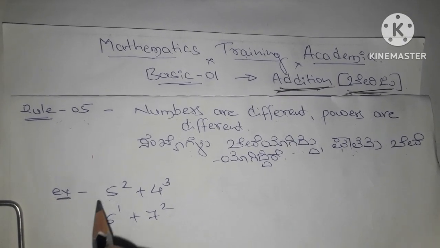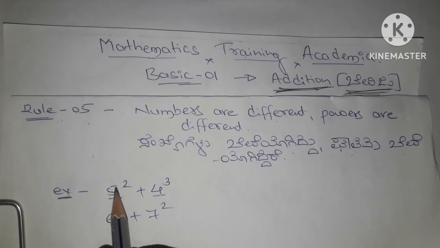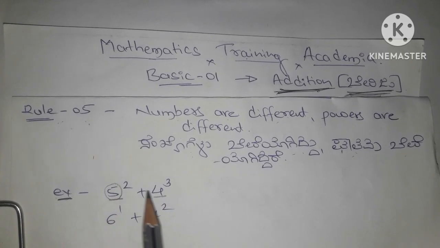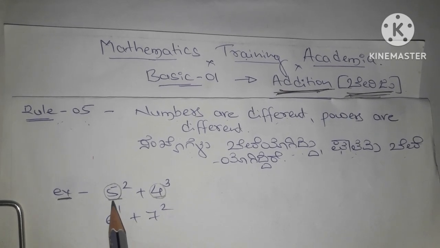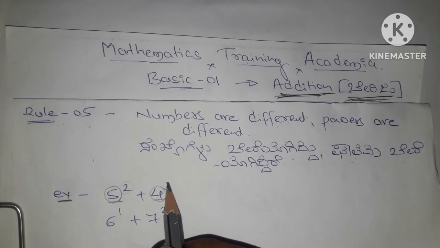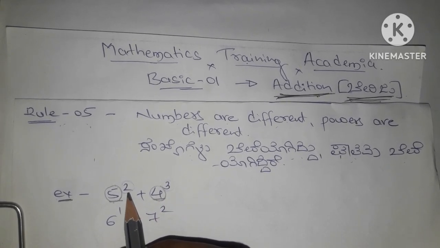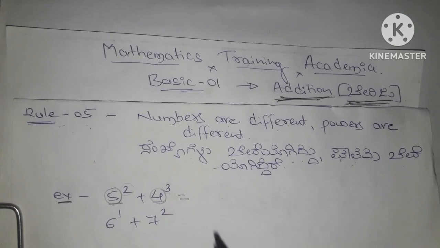Here we have 5 square plus 4 cube. Here we can see the numbers are different. Here we have 5 and here we have 4, and their powers are also different. Here we have 2 and here we have 3. So how do we do it?